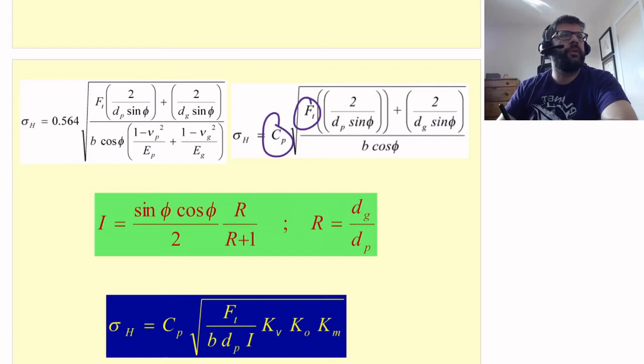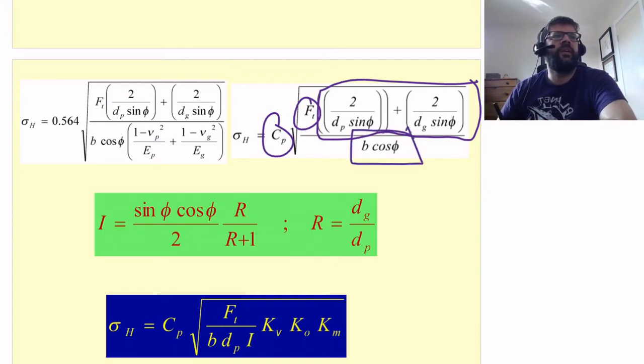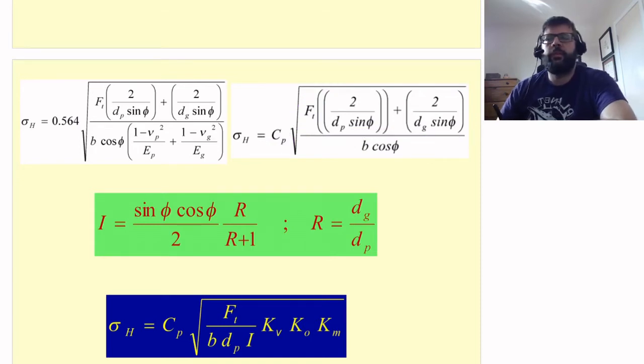the tangential force, and then these two functions of the angle and the diameters of the pinion and the gear. And then we've got the width of the gear, and again the cosine of the pressure angle.